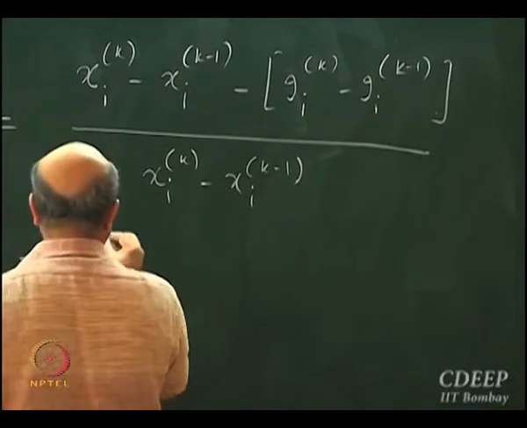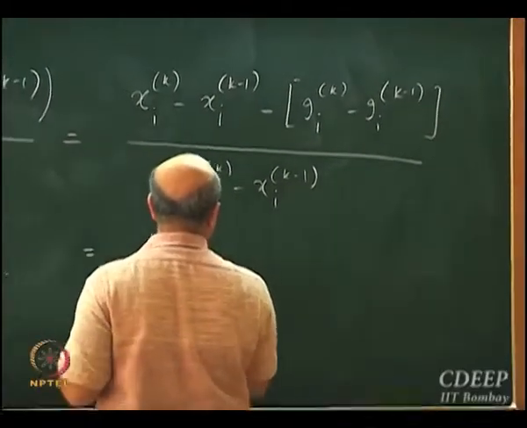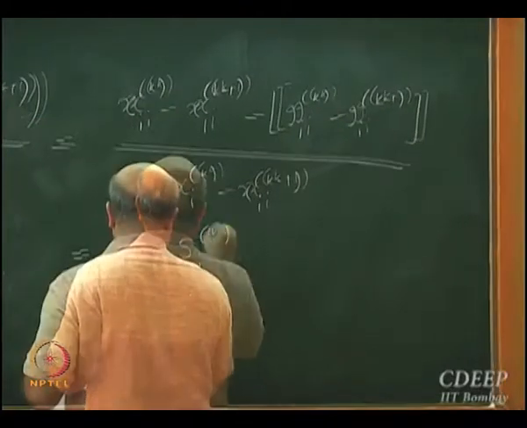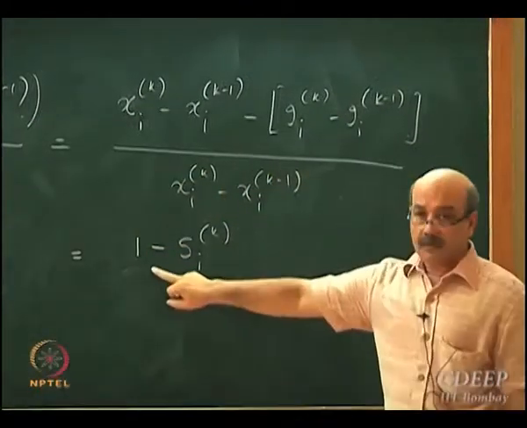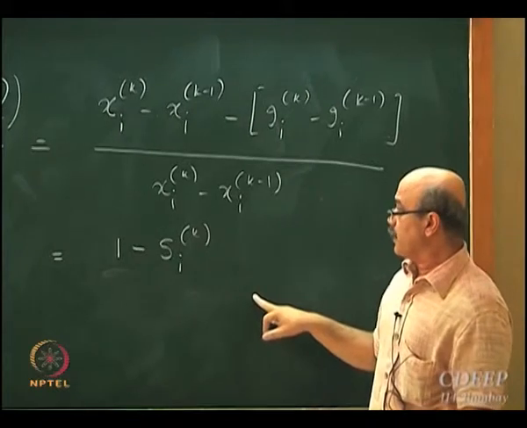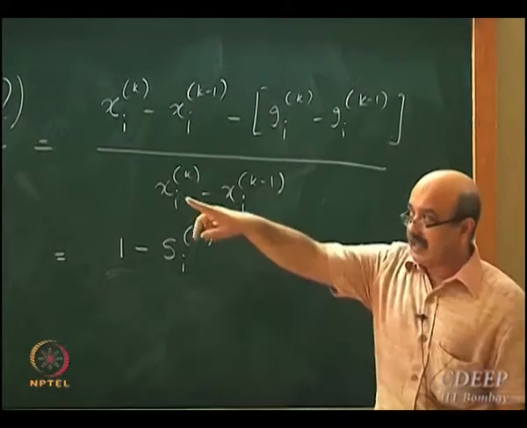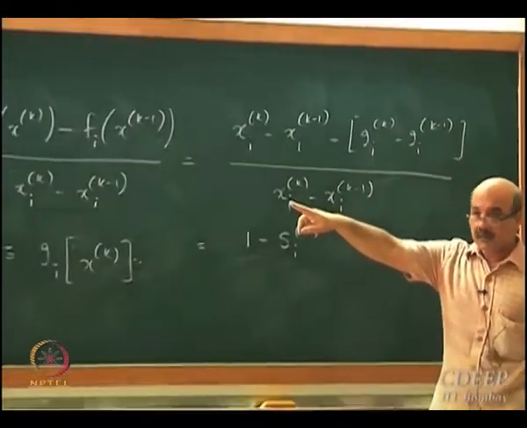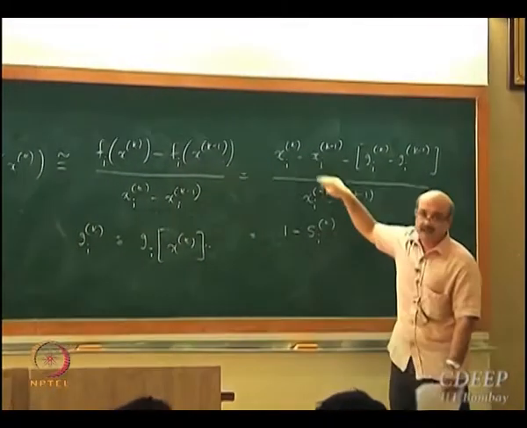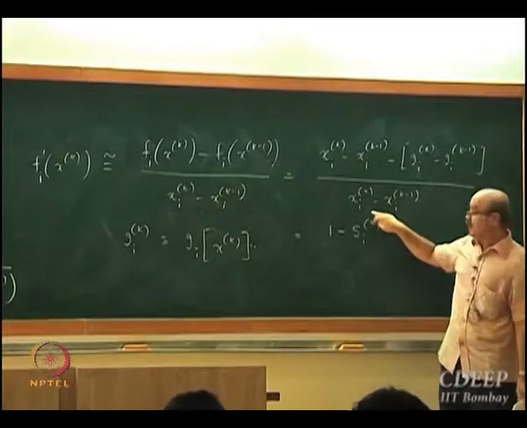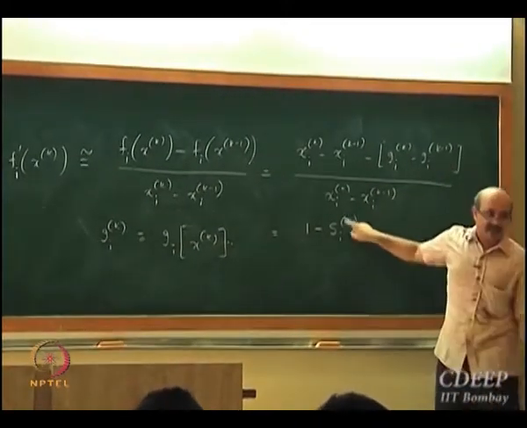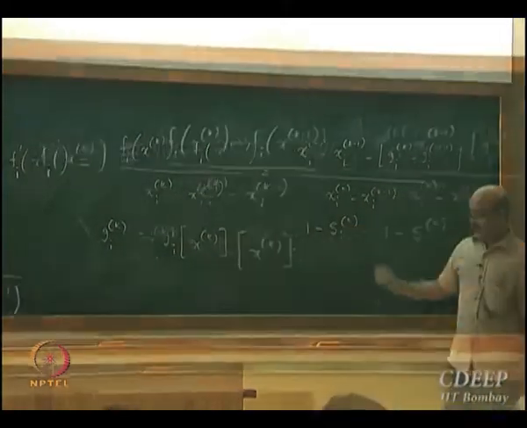which is equal to 1 minus, how was Sik defined? See, this will give you 1, right, and this divided by this is Sik.